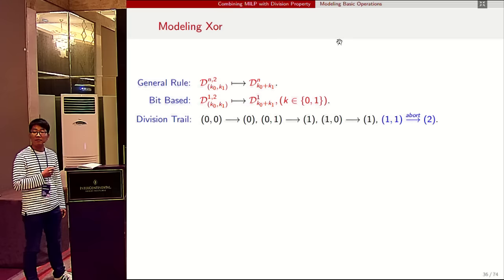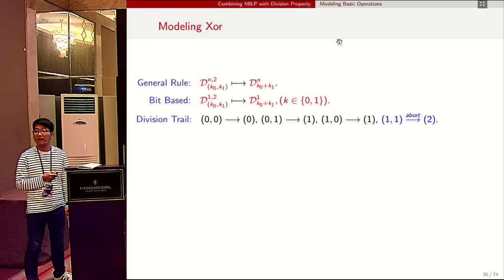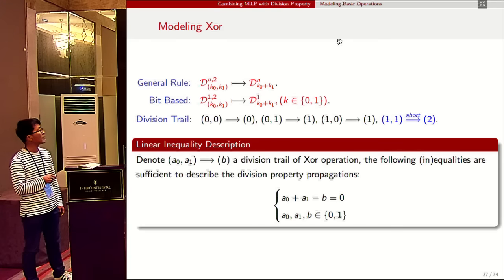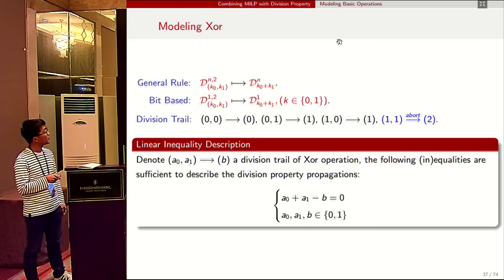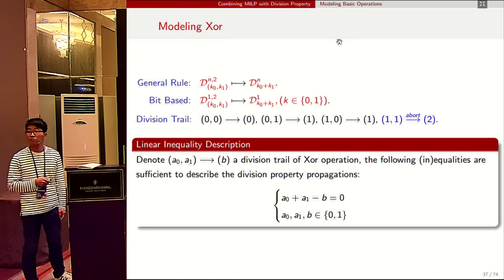Since we consider bit-based division property here, this division trio is invalid. Next, if we denote A0, A1 to be a division trio of the XOR operation, this equality is sufficient to describe these propagations.